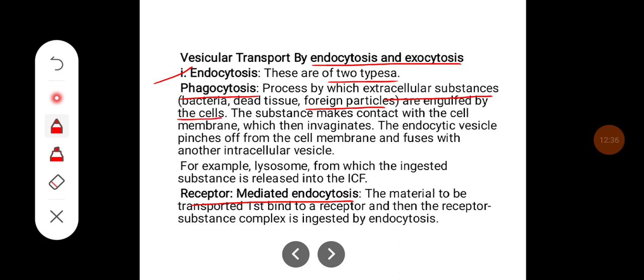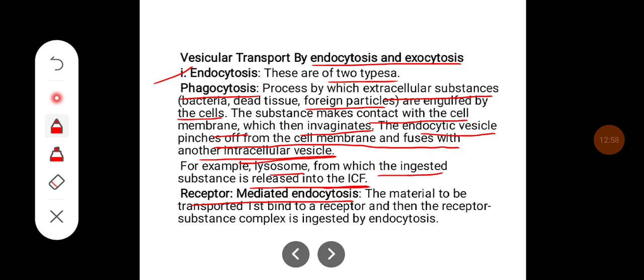The substance makes contact with the cell membrane, which then invaginates. The endocytic vesicle pinches off from the cell membrane and fuses with another intracellular vesicle like a lysosome, from which the ingested substance is released into the intracellular fluid.